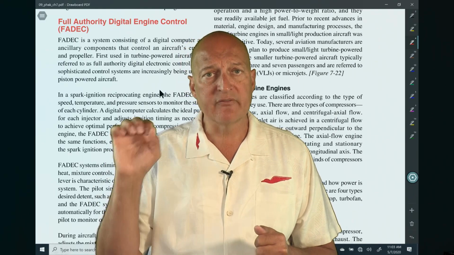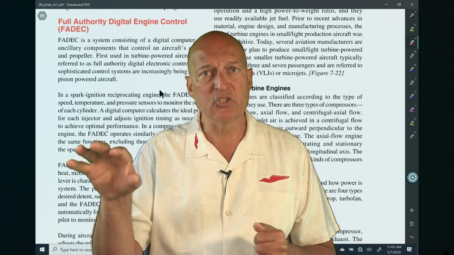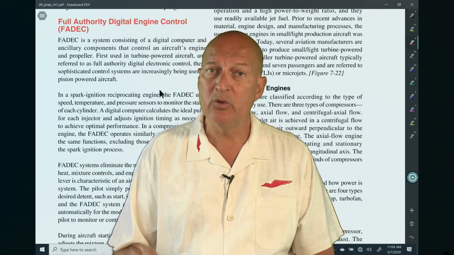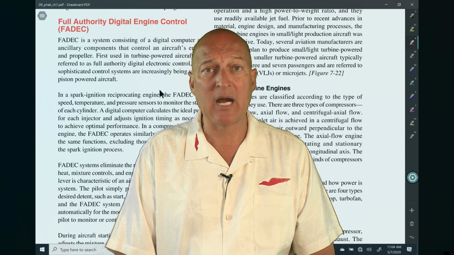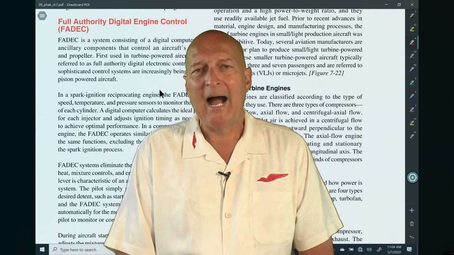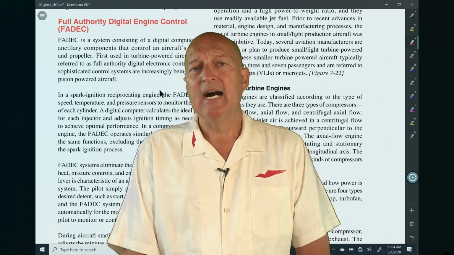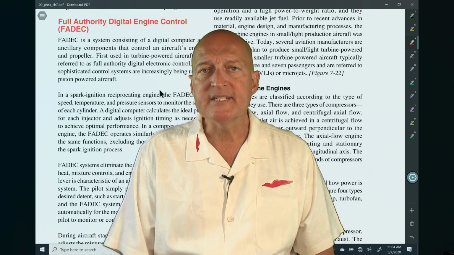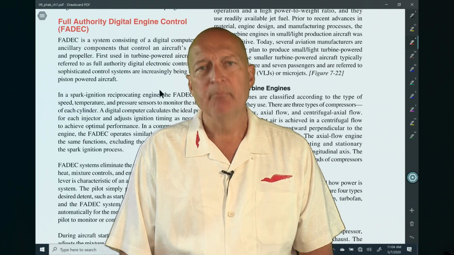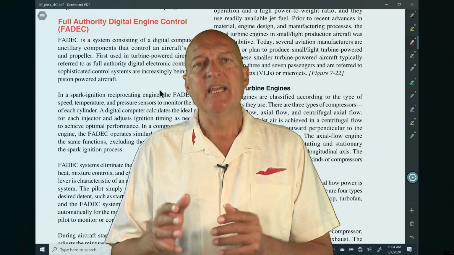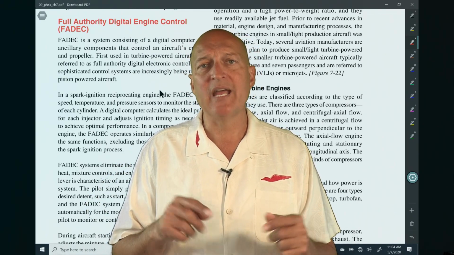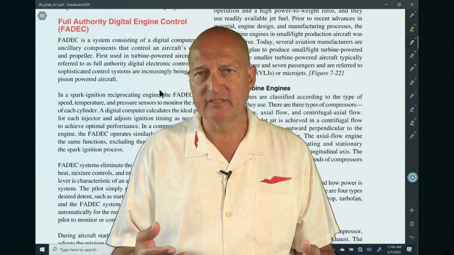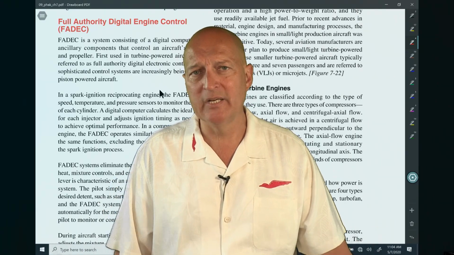It can also govern the amount of fuel-air mixture, so it can take care of your mixture for you. So in essence, with some FADEC systems, you just have single lever operation. I have mixed feelings about that, only because it's great when everything is working. But the simpler a system is, usually the less susceptible you are to having something go wrong on a system. Six of one, half a dozen of the other.